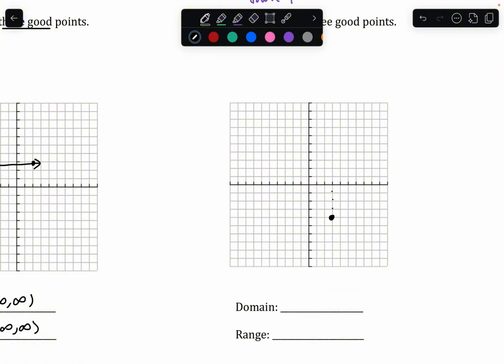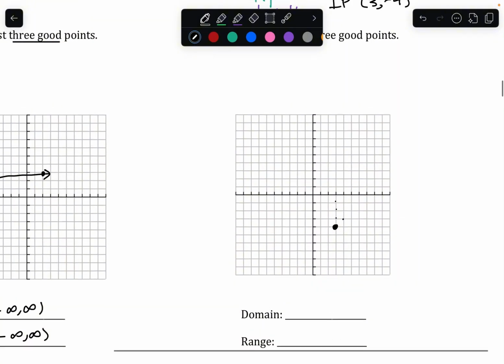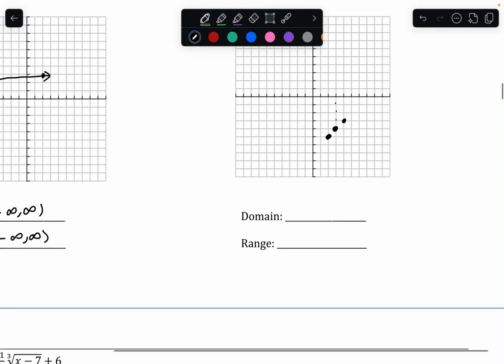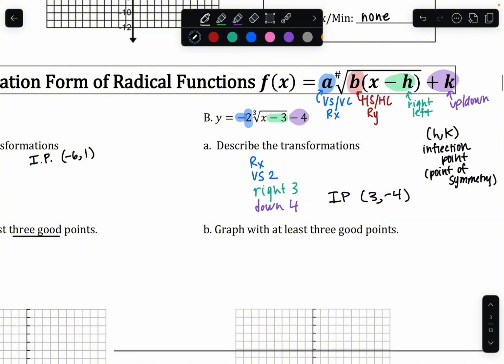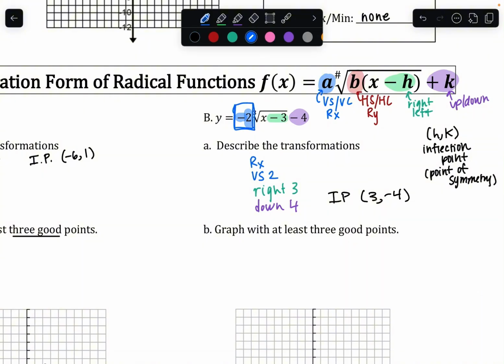Okay, and then to get the other points, if there was no stretch or compression, I would just have my slope of 1, concave right, concave left. But we do have a reflection, and so that reflection is going to change our slope to a negative slope. If I just had a reflection, I would have a -1 slope, but you can kind of treat this scale factor, including the negative, as your new slope.